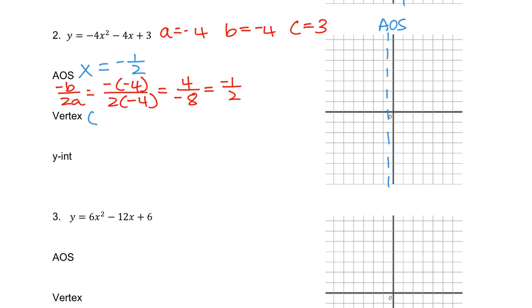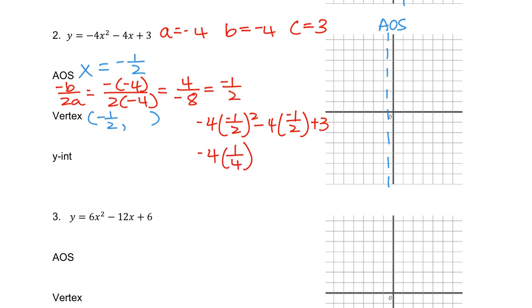So that means my vertex is going to be -1/2 something, but that does make the plugging in part a little bit yucky. What is 1/2 squared? 1/4. So I have -4 times 1 over 4, minus 4 times -1/2, plus 3.